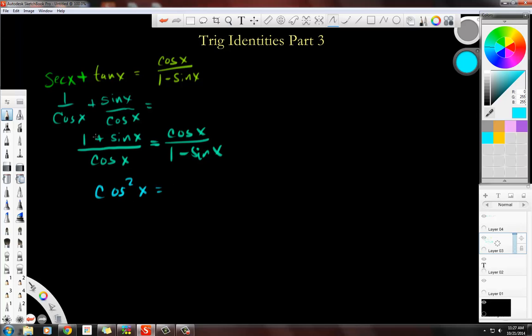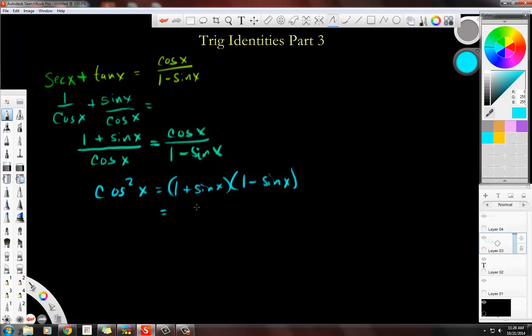Cosine squared of x. And if I multiply this way, what I'm going to get is the answer to a difference of two squares problem. So I'm basically going to get 1 plus sine x times 1 minus sine x.